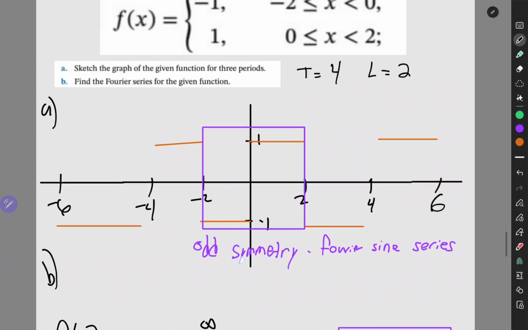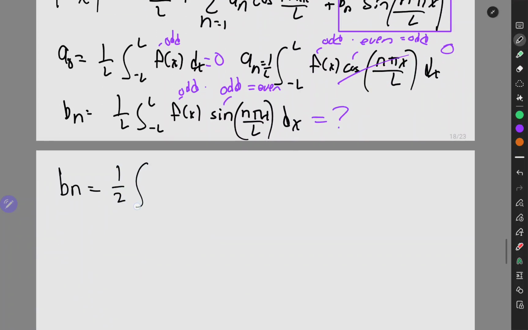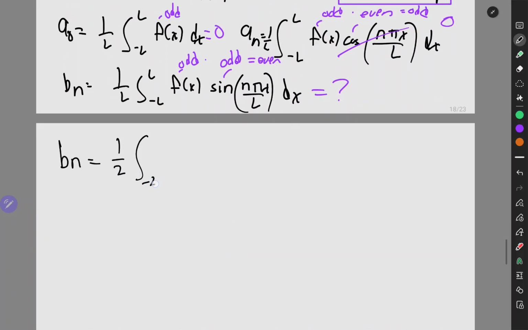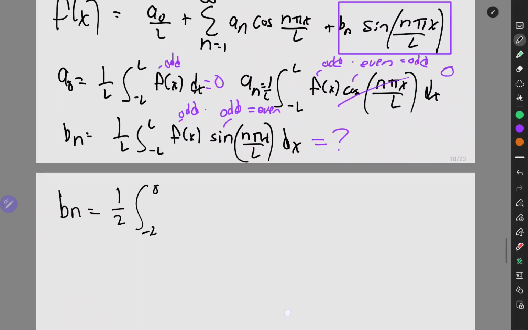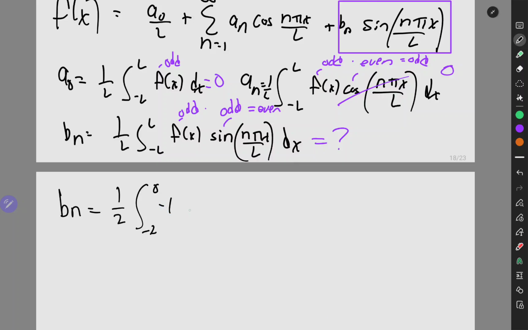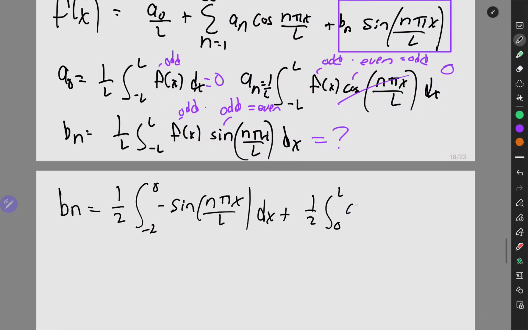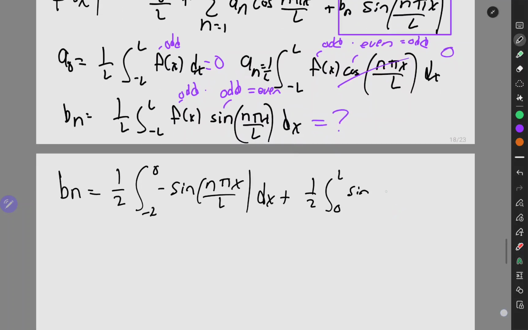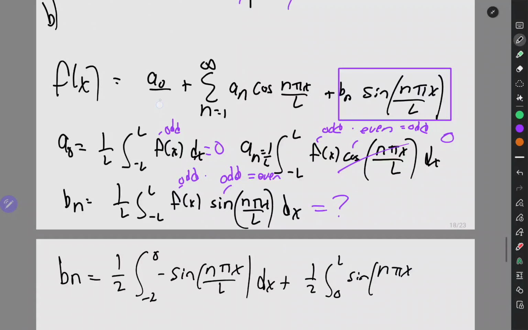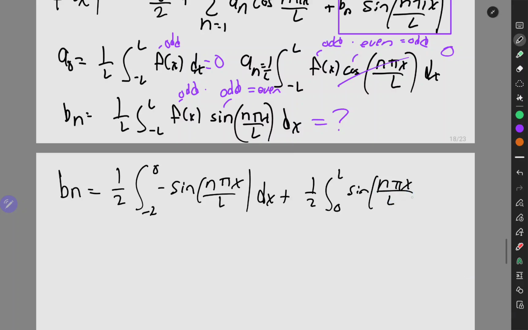We have our length was 2. 1 over 2 from -2 to 0, we have -1 times sine of n pi x over L dx, plus 1/2, 0 to L, this positive 1, sine of n pi x over L dx.